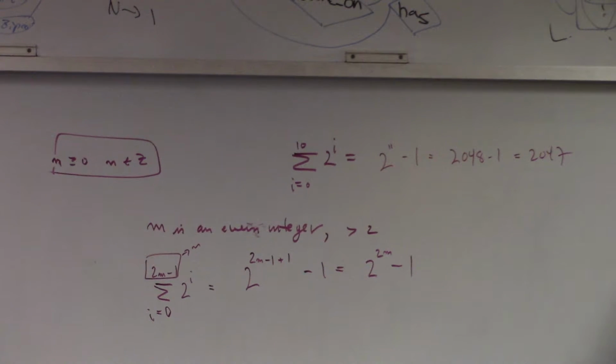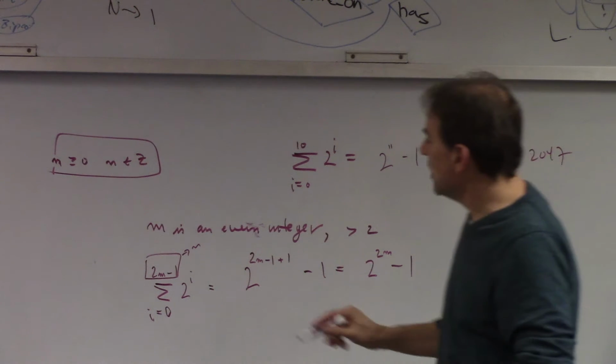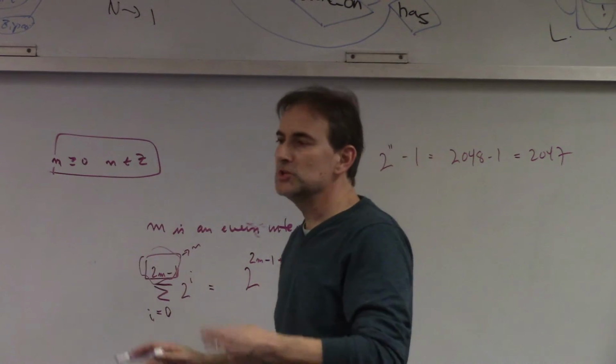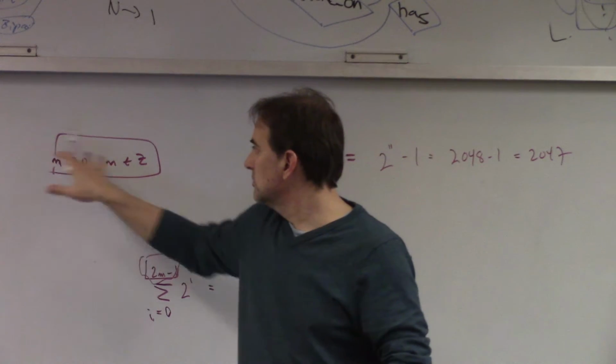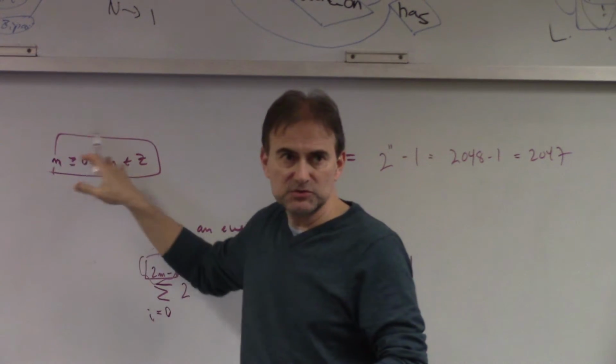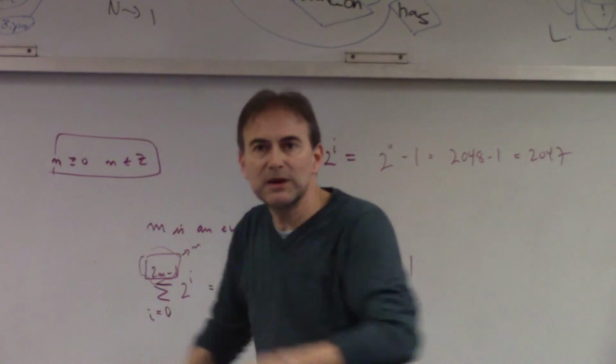Are you with me? Easy, right? So what I'm saying is, even if the upper limit is an algebraic expression, as long as that value is within the restrictions for this result, you can just substitute directly and get the value.